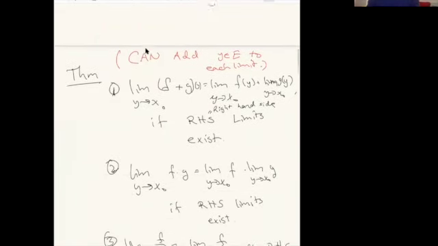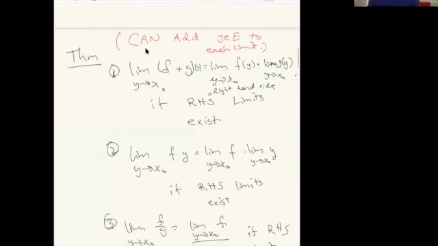Now, this behaves like any limit. And just a small thing about notation, I don't like writing y in E all the time. So you can add it if you want. Otherwise, you can just assume y in x. These statements hold for both of these contexts. So you have the additive law: the limit of f plus g is equal to the limit of f plus the limit of g, as long as the right-hand side exists.